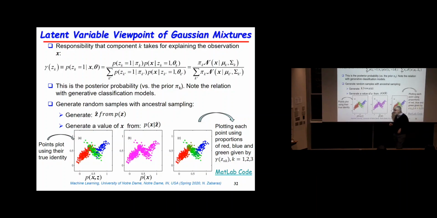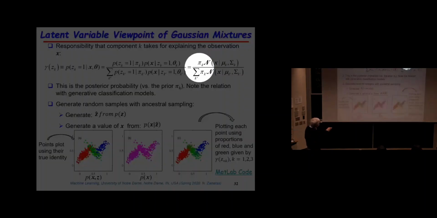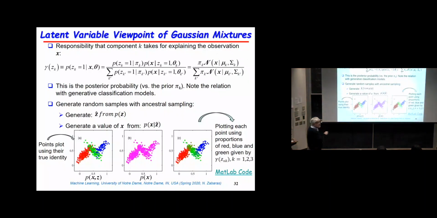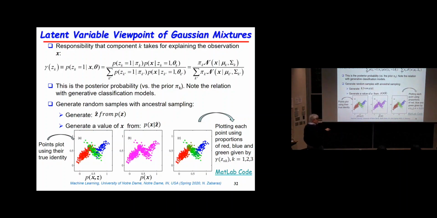So how does the painting of this third picture come about? Every point has a coloring that's a mixture of 3 colors. And what are the mixture components? These responsibilities. So you can go in and plot something and at each pixel put 3 colors? Yes.